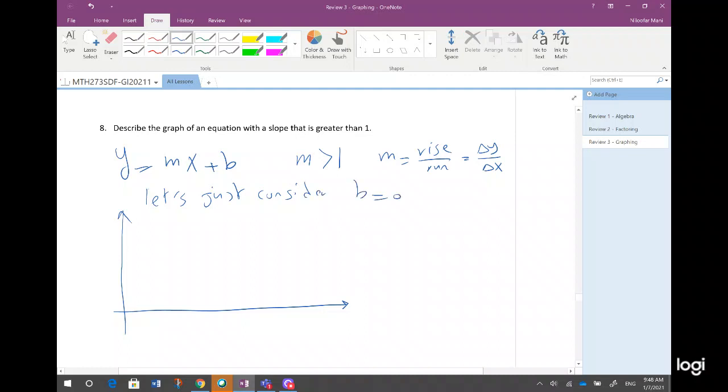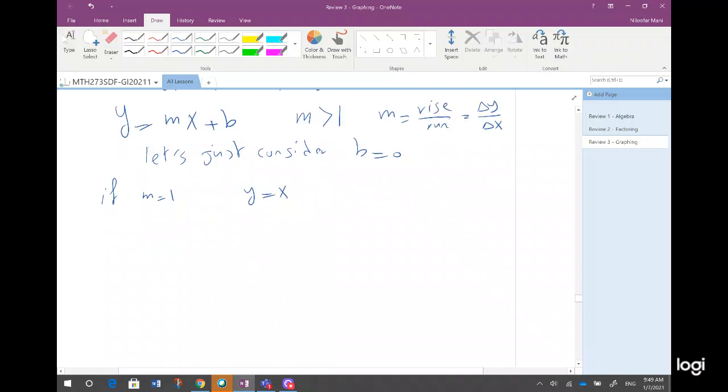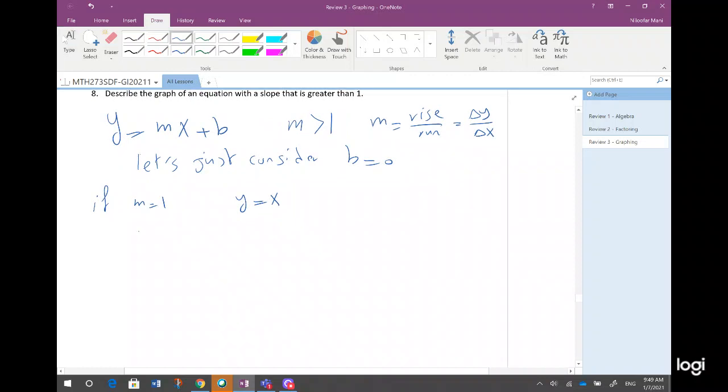If m is 1, I have y equals x. I can show you here y equals x. For example, if x is 1, y is 1. If x is 2, y is 2. So it's exactly here. This is y equals x.